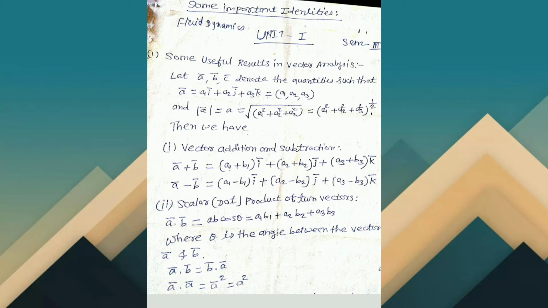Here theta is the angle between the vectors a bar and b bar. So a bar dot b bar is equal to b bar dot a bar, and a bar dot a bar is equal to a bar square, that can be written as a square also.